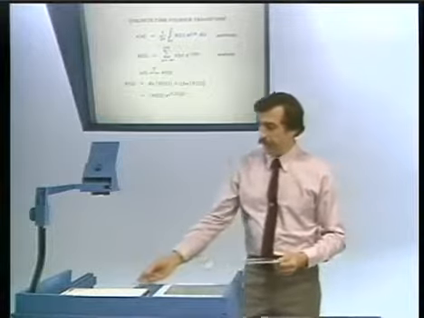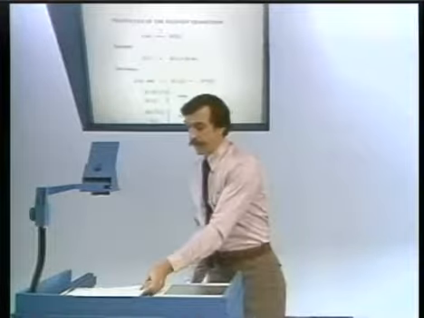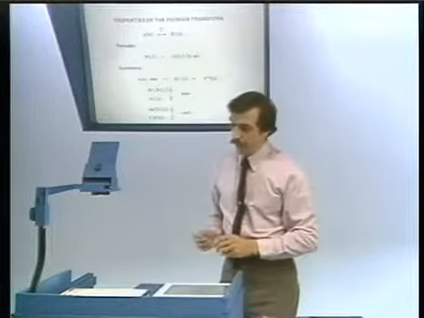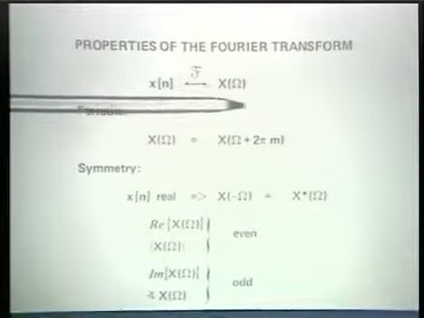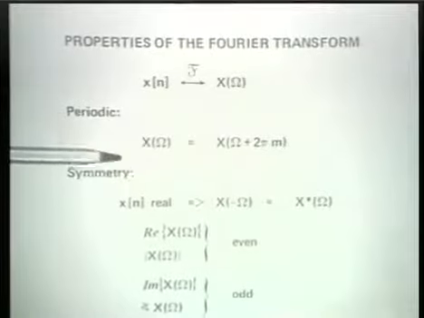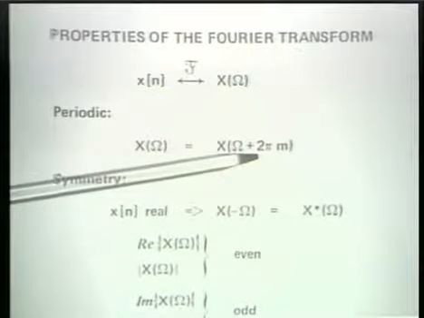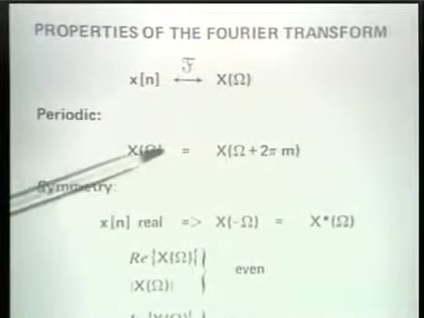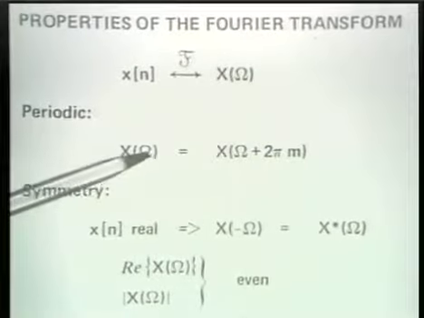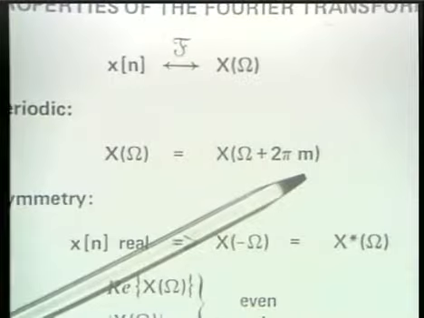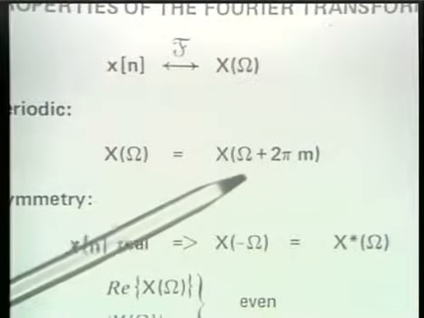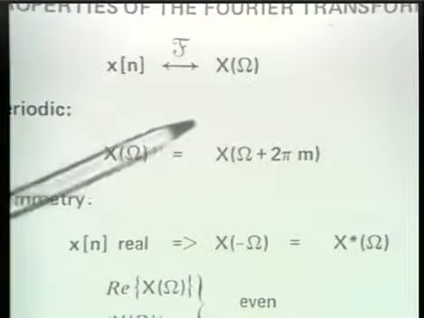Also, as I indicated last time, the Fourier transform is a periodic function of frequency, and the periodicity is with a period of 2 pi. And so it says, in effect, that the Fourier transform, if we replace the frequency variable by an integer multiple of 2 pi, the function repeats.